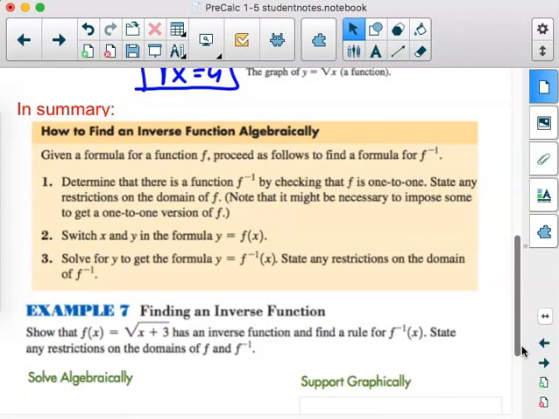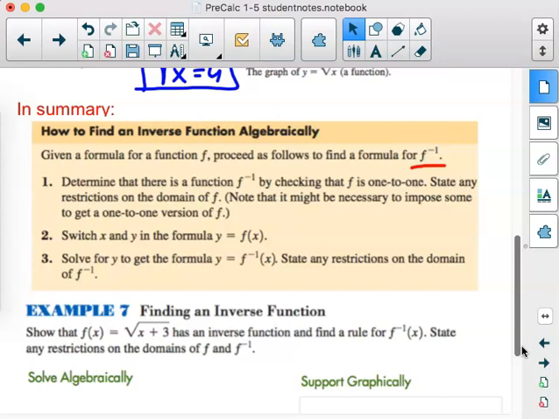So how do we find an inverse function algebraically? Don't forget, name it f inverse using the f inverse notation if they don't tell you a new name for it. Determine that there is a function that is the inverse by checking that it's one-to-one: vertical line test, horizontal line test, or switching the x and y and solving for y to see that you get one output.